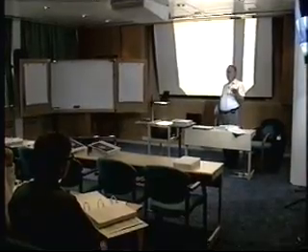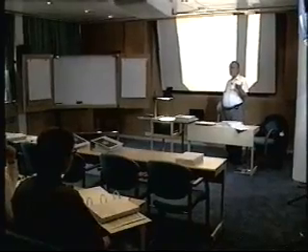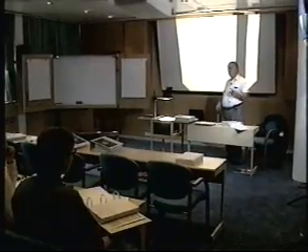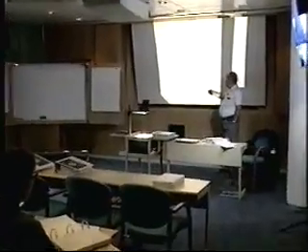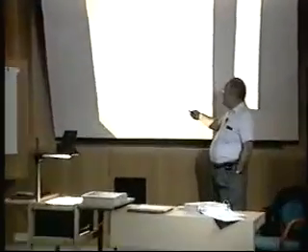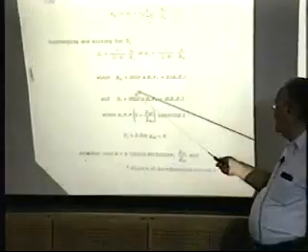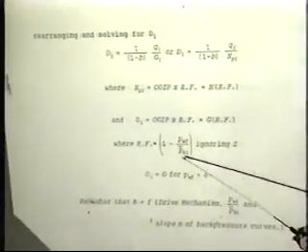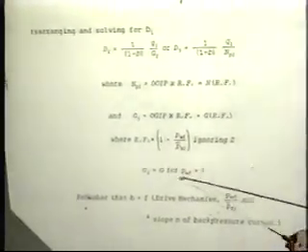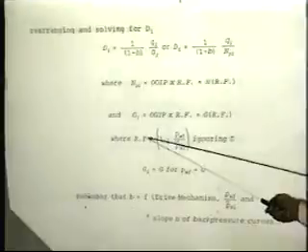the API equation that some people say isn't any good, but it's better than nothing, or a recovery factor from an analogous field. What I'm leading to is the NPI has to be defined by oil in place times a recovery factor. The gas in place, you can do the same thing. And this is where we get away from a PWF only being 0.